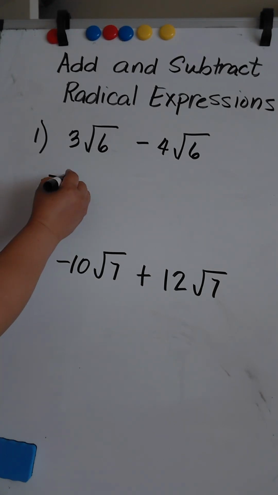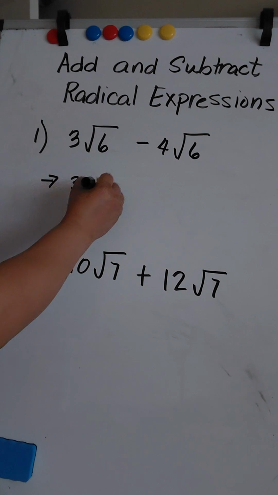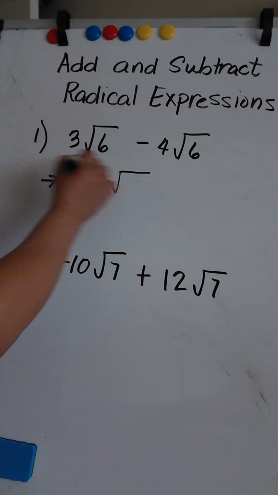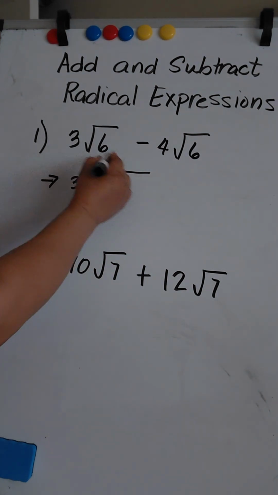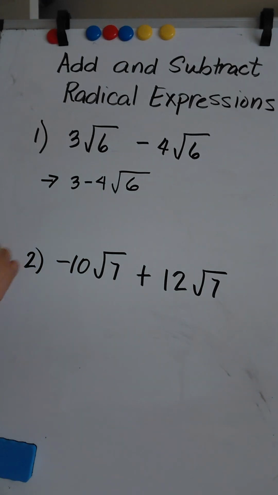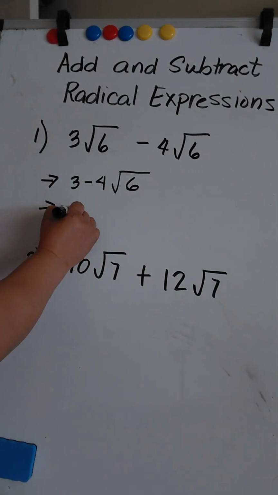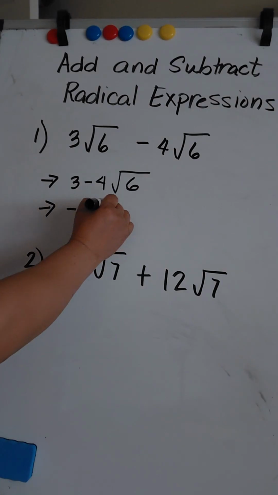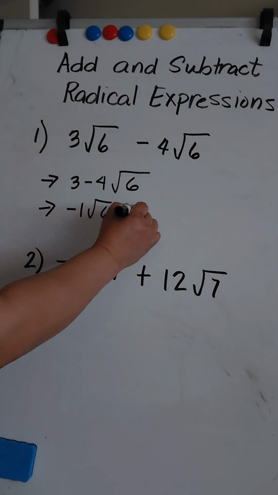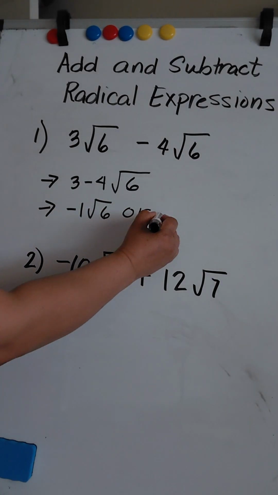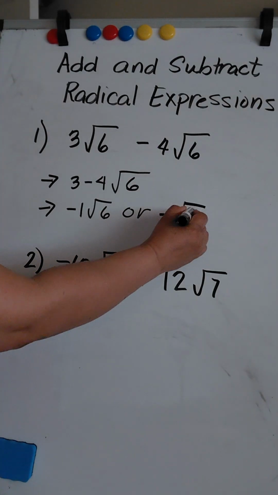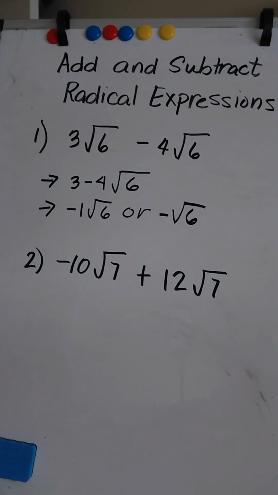So that would be 3 minus 4, and then write down the common radicand, which is square root of 6. And it's negative 1 square root of 6, or simply write negative square root of 6.